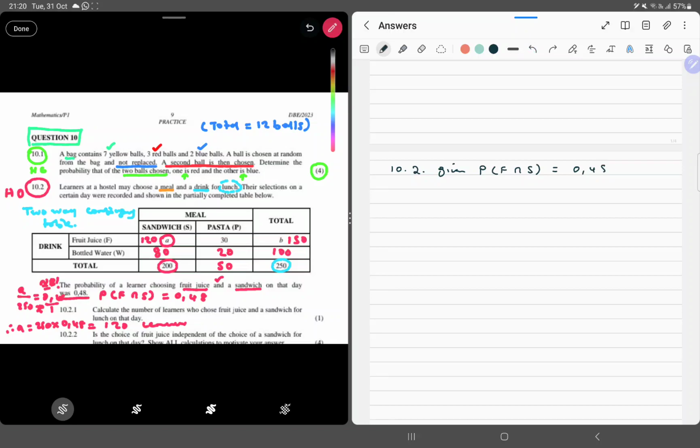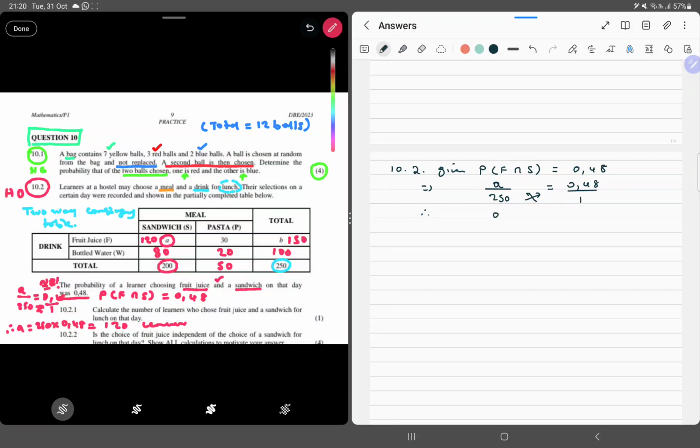This implies the probability of F and S is going to be those number of students at A. So this is basically going to be A over the total of the students we've got, which is 250, equal to 0.48 over 1, since we're dealing with fractions, and then we cross multiply here.